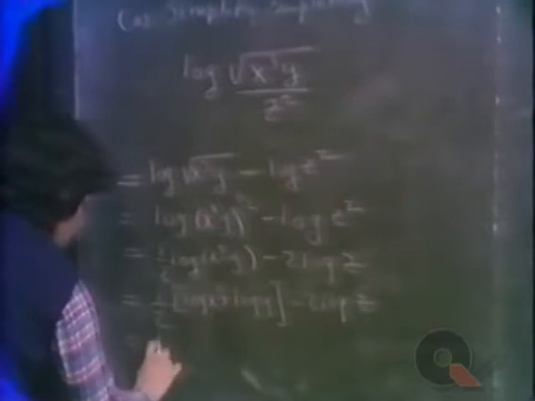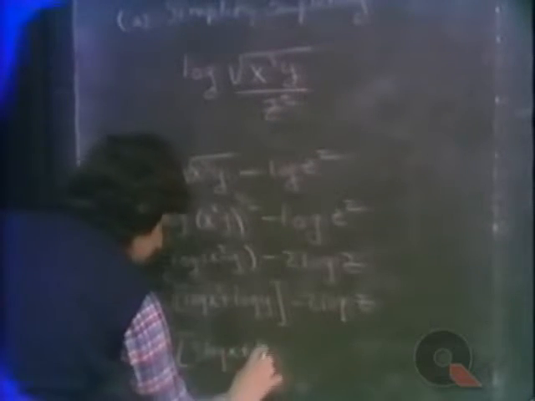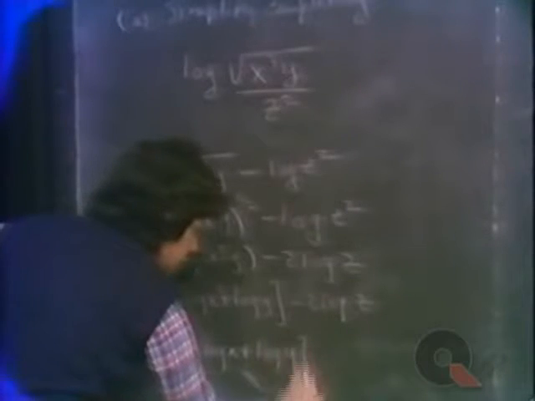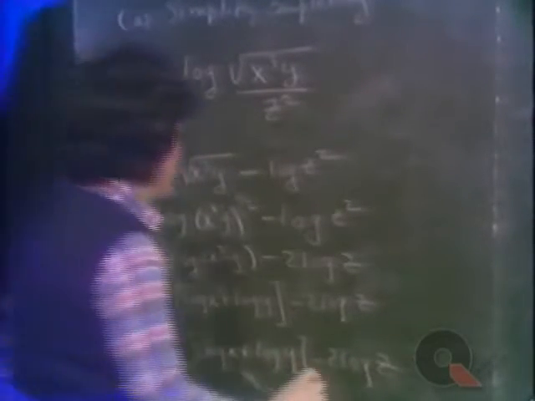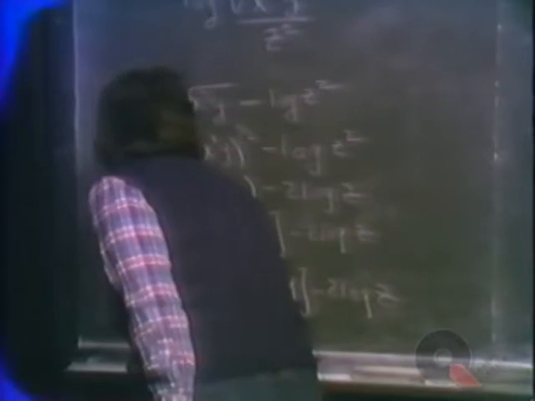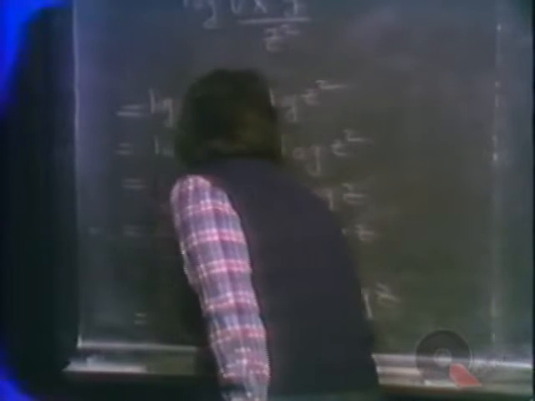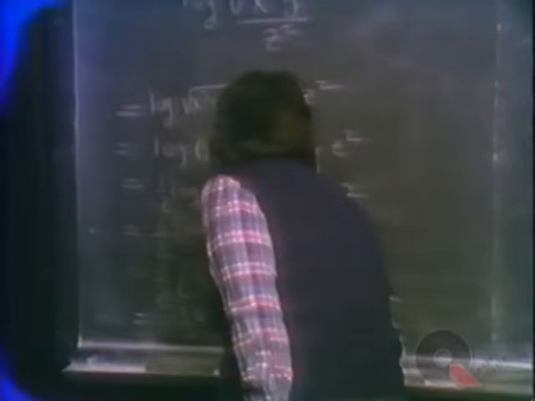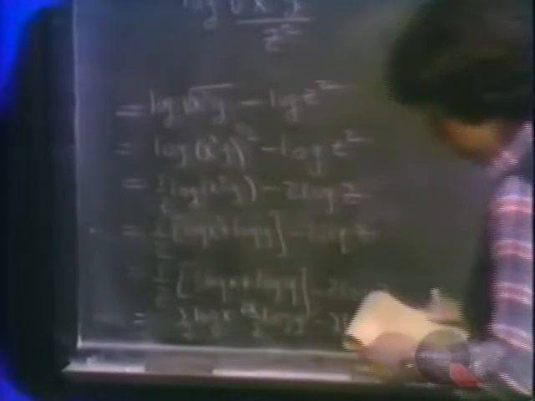So I have 1/2 times 3 log x plus log y, minus 2 log z. And you can distribute the 1/2 to give us 3/2 log x plus 1/2 log y minus 2 log z. That's our final answer.